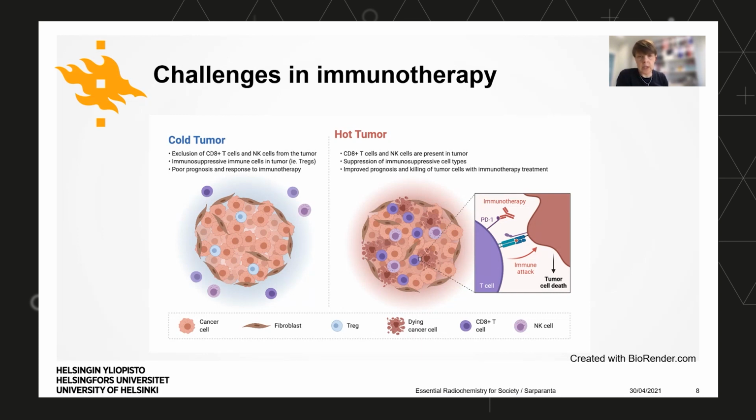One of the foremost questions is how to convert these cold tumors into hot tumors, where we would have the CD8 positive T cells, the cytotoxic T cell population, and the NK cells, then suppression of the immunosuppressive cell types, which would result in improved prognosis and killing of the tumor cells when immunotherapy is being administered. So, how to make this transition from cold to hot.